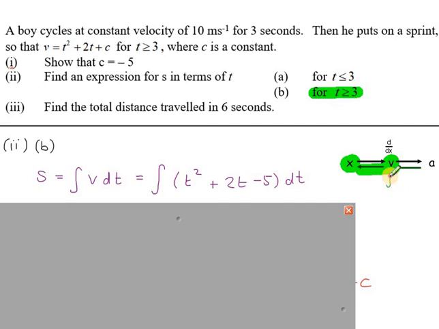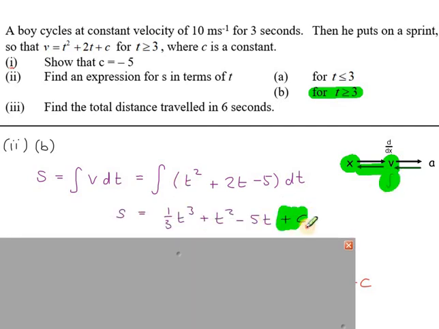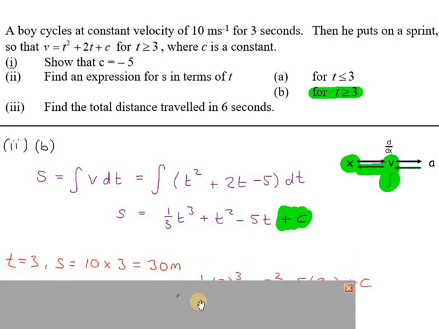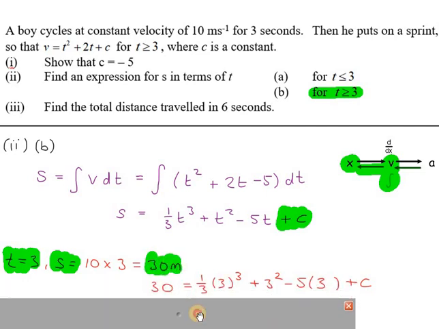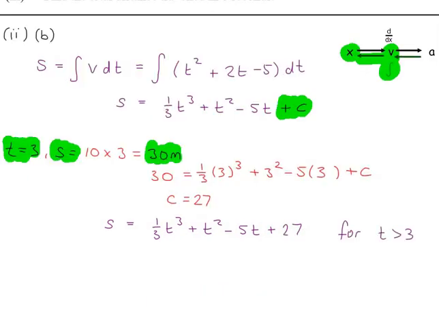For S we need to integrate, so integrating, we have a constant of integration. The initial conditions are when t equals 3, S is equal to 30 meters. Substituting the values in, so we have c. Substituting that value back in here, we have the formula and this is for displacement for t greater than 3.